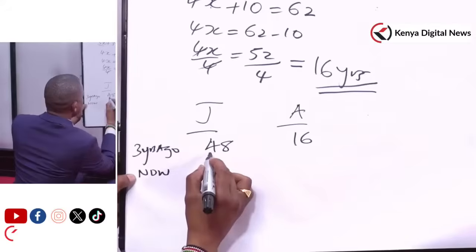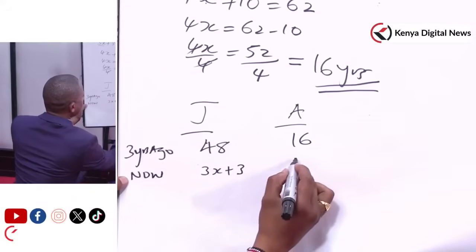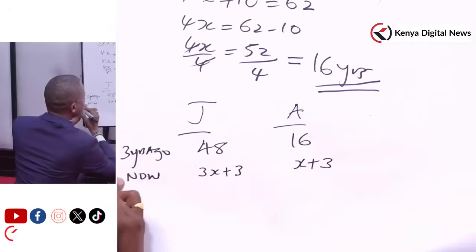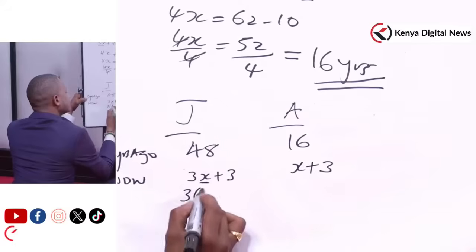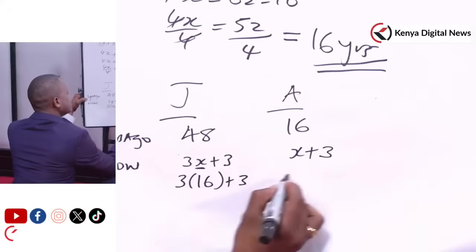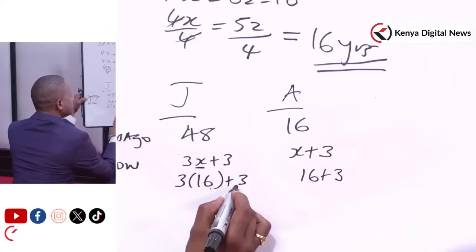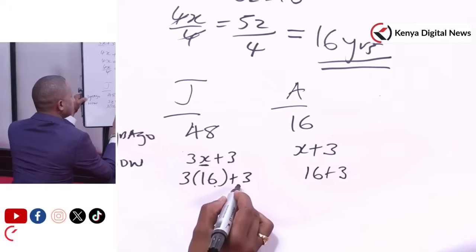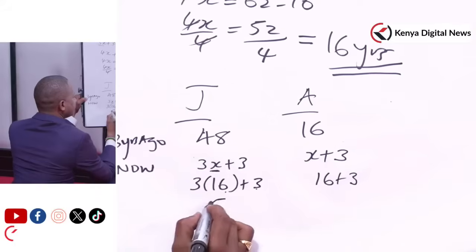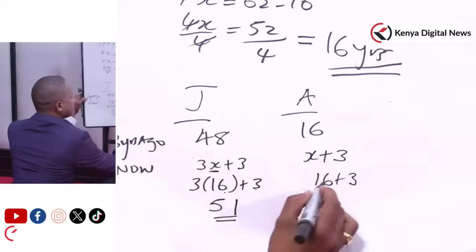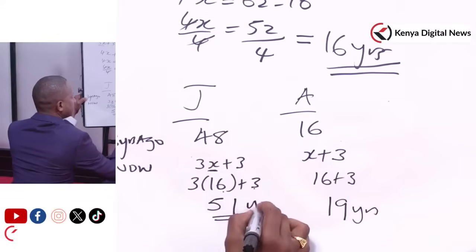Now Juma was 3x plus 3, while Ali was x plus 3. But what is our value for x? It is 16 plus 3. Here also 16 plus 3. So this is 48 plus 3 is 51 years. And this is 16 plus 3 is 19 years.